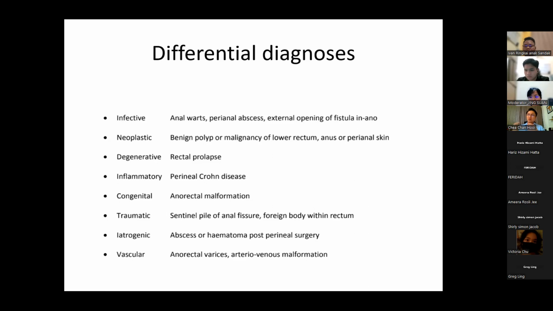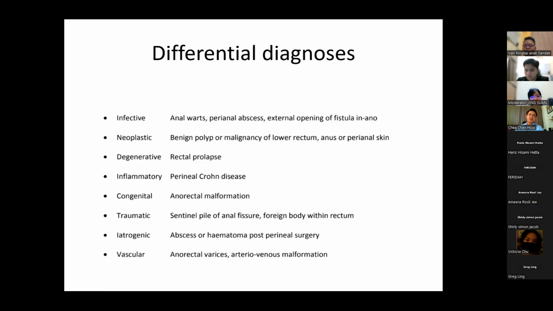So these are more relevant if you're seeing a patient who is more than 40, more than 50 years old, because at that age, of course, the incidence of colon or rectal cancer is much higher compared to a patient who is about 20 or even 30 years old.